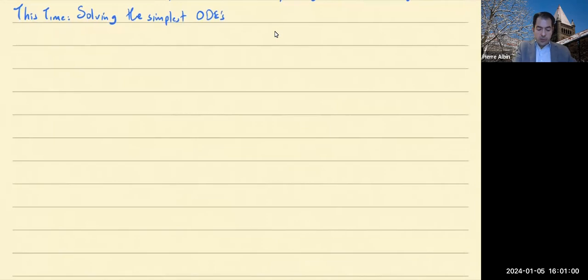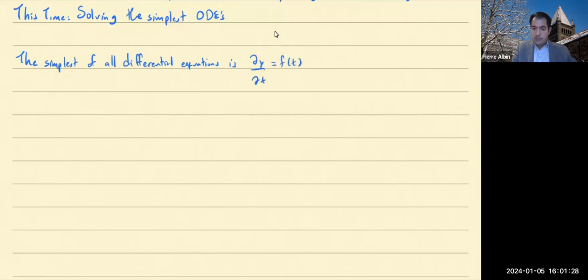The simplest of all of the non-trivial differential equations is when you have an equation that looks like dy dt is equal to f of t, which we solve by integrating both sides with respect to t.